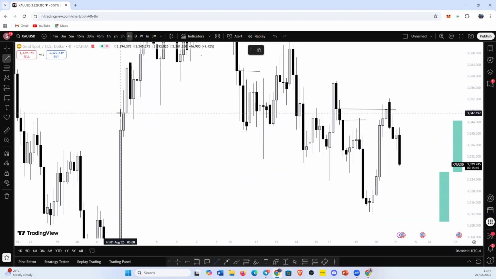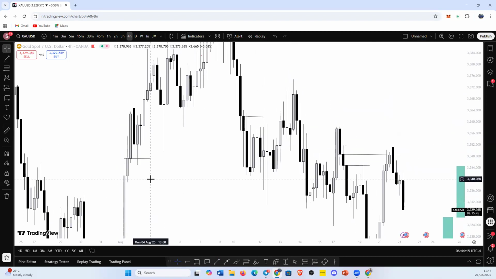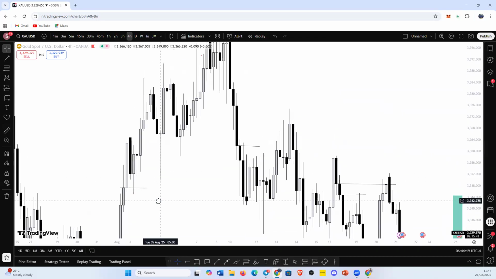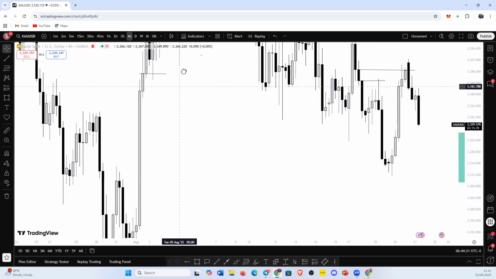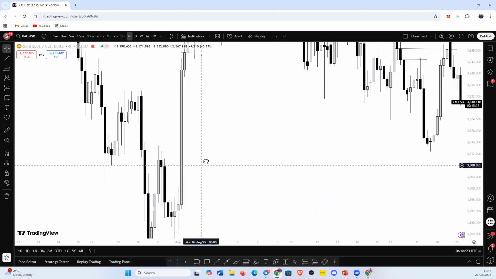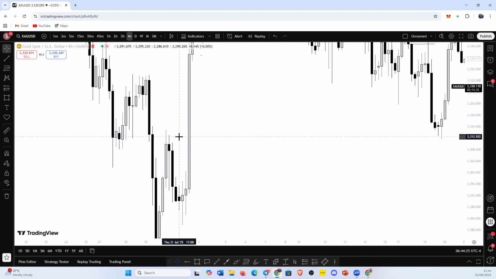It's used to continue a trend, but I'll still give you the criteria that makes it valid. This is another one here. So it's used for continuation of a trend. We have this one here.